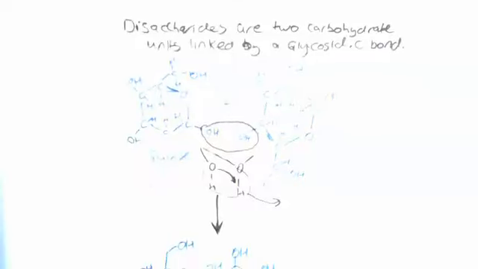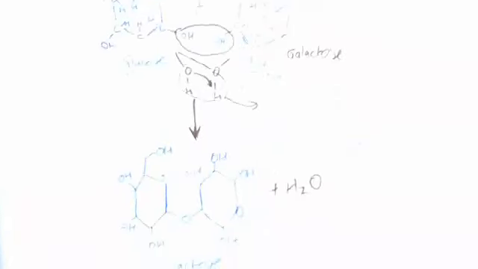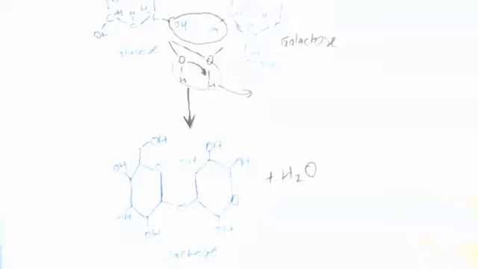So in our example here we have glucose and we have what's called galactose, which is an isomer of glucose, so it's structurally very similar, and in fact its chemical formula is exactly the same. And when they're linked together in this glycosidic bond, where you take out a water molecule between them and form this linkage through this oxygen atom, you get what's called lactose, and lactose is the disaccharide you find in dairy products like milk.